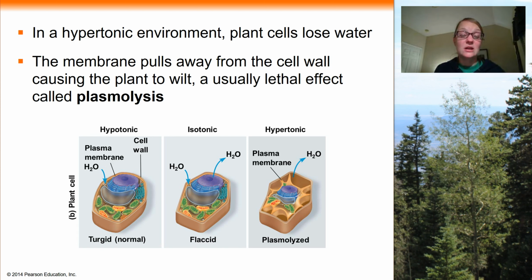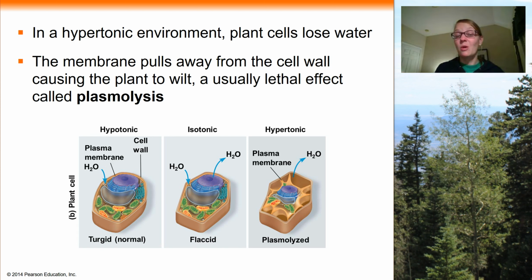And then the last condition is where you put a plant cell into a hypertonic solution. And again, you guys are going to get a chance to see this, hopefully, in lab in the osmosis and diffusion unit. If you take a plant cell and place it into a hypertonic solution, it's going to lose water, right? There are more solutes on the outside of the cell, so all the water from the inside of the cell is going to flow out.